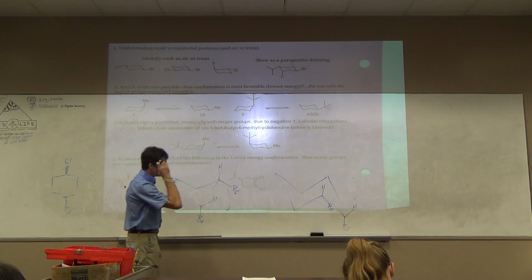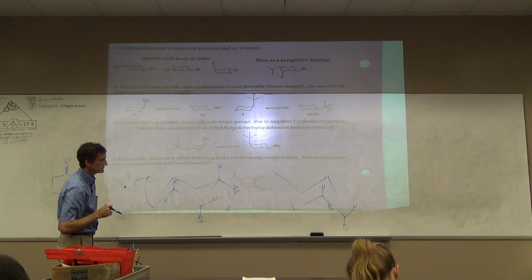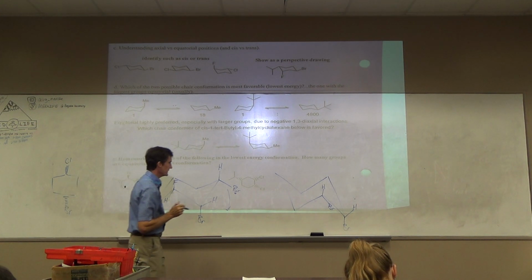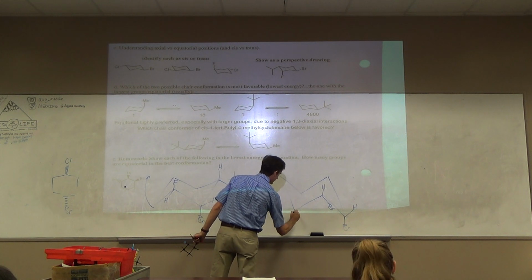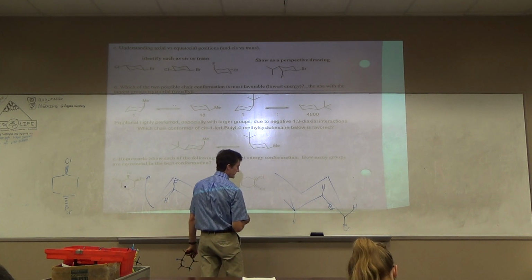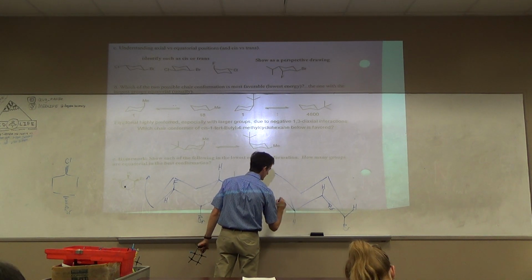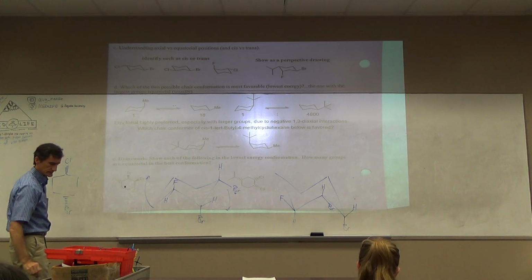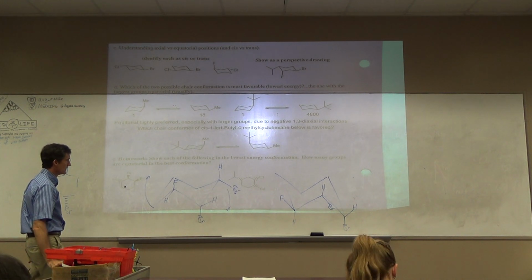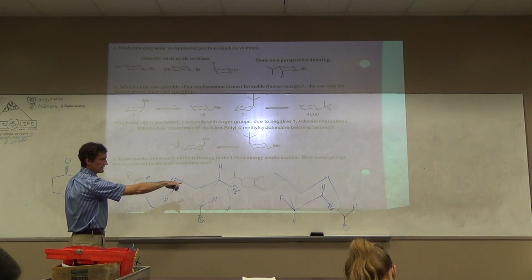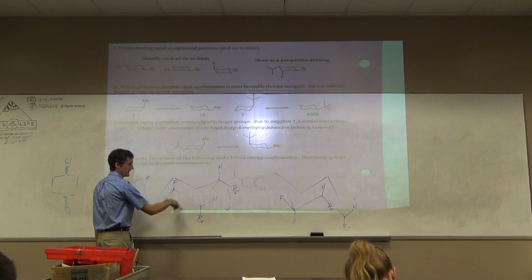Those bromines are cis. And the fluorine is here. That's a straight down bond. And the fluorine is trans to the bromine, so it's like this. The bromines are cis, and the fluorine is trans to the 2 bromines, just like this.